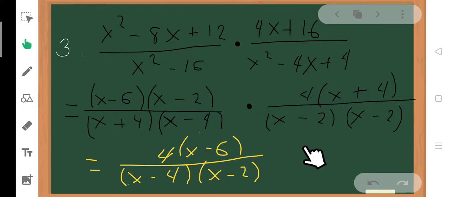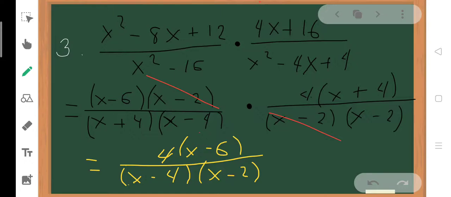Okay. After that, we are going to cancel out the common factors in the numerators and denominators of both rational algebraic expressions in factored form. Let's check. We have x minus 2 in the numerator and x minus 2 in the denominator of the other rational expression. So we can cancel those.